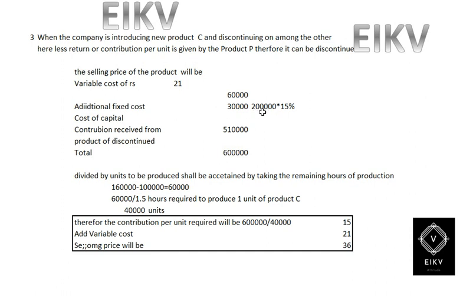2 lakh is the additional capital which is reduced. So it will be 2 lakh into 15%, which will give 30,000 rupees, plus the contribution received from the discontinued product, which is 5 lakh 10,000. That is fixed cost plus cost of capital.